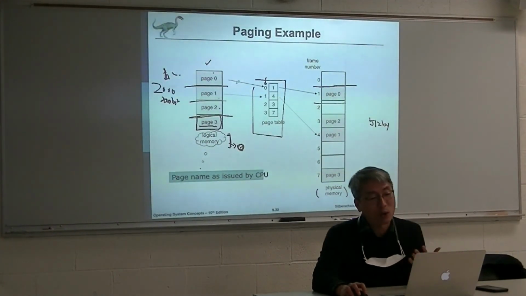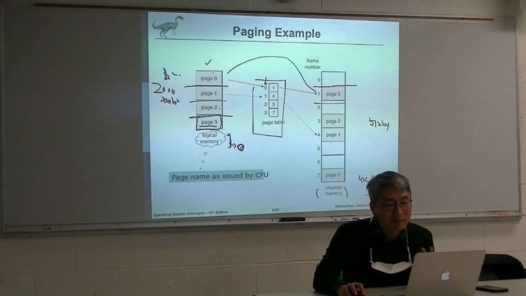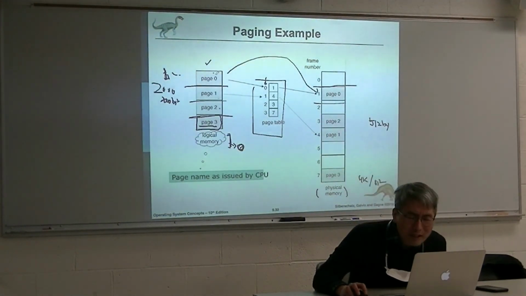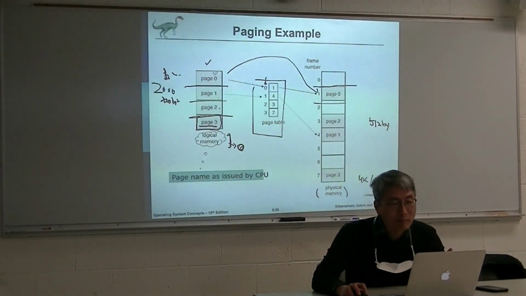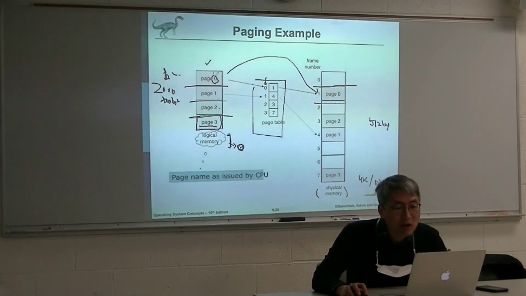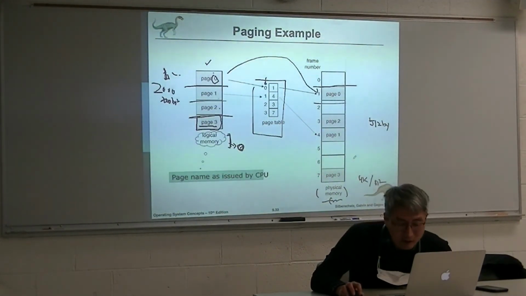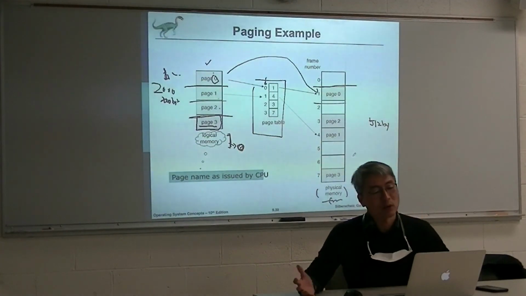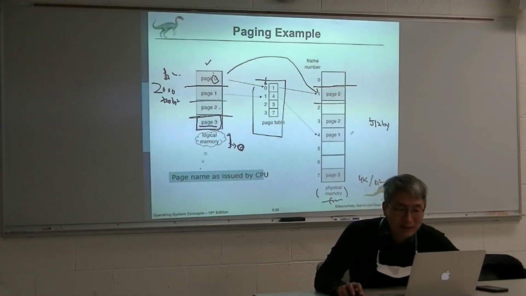So our goal is to map like this. Logical means it's a program. Your logical page number 0 is going to be in physical memory, in frame 1. It can be anywhere. We will see how to allocate later. So page 0.